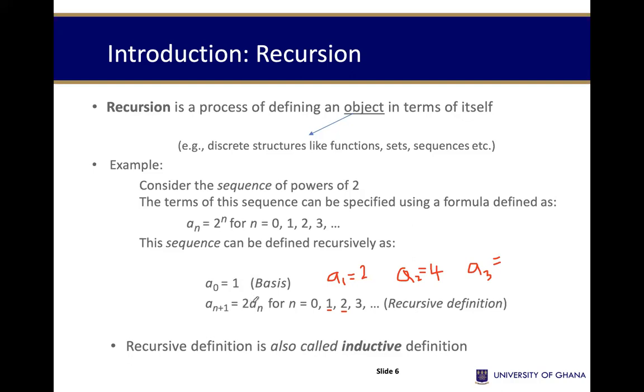And what is A of 2? A of 2 here is 4. So that's going to give me 2 times 4, and that's going to give me 8. And I can do that to positive infinity, then I'm done. So that is it for the recursive definition of a particular set of equation. Now, recursive definition is also known as inductive definition. So let's take note of that.